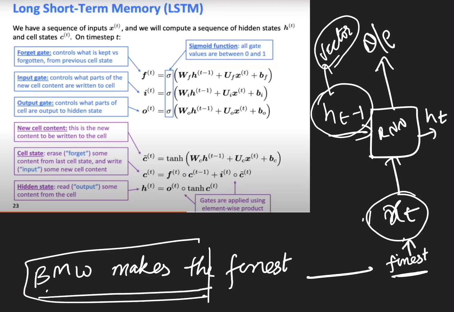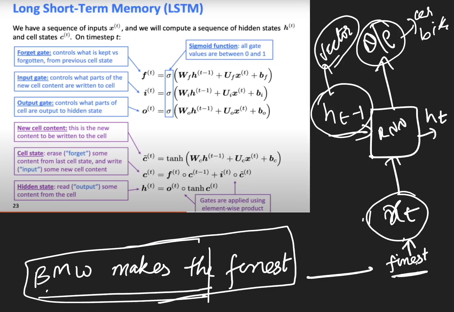So "BMW makes the," all of this information is condensed in h t minus 1. When I give it the word finest, it will process, and this token will either be a car or a bike. This would be my next hidden state. So this was a preview of how a recurrent neural network works.